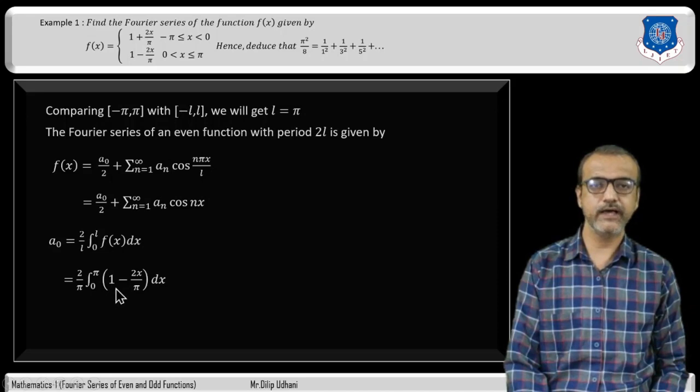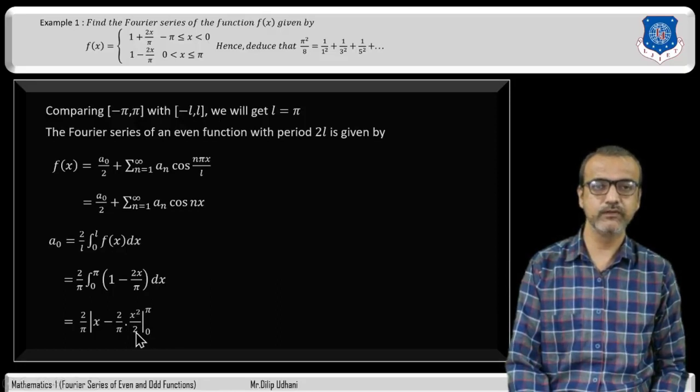Integration of 1 is x, then minus 2 upon pi will be as it is, and integration of x is x square by 2. Now you can see that 2 by pi will be as it is, integration of 1 with respect to x is x, minus 2 by pi is a constant value, integration of x is x square by 2 according to the formula integration of x raised to n dx equals x raised to n plus 1 upon n plus 1. Now this 2 and 2 will cancel out.